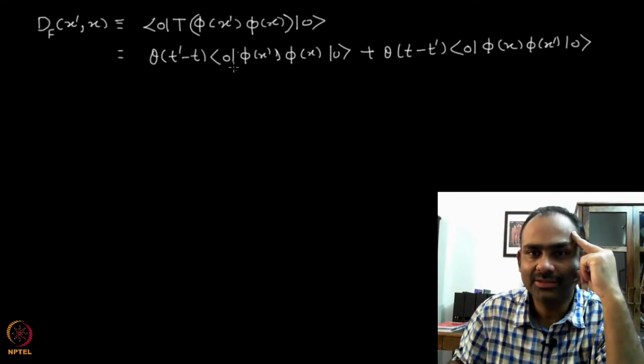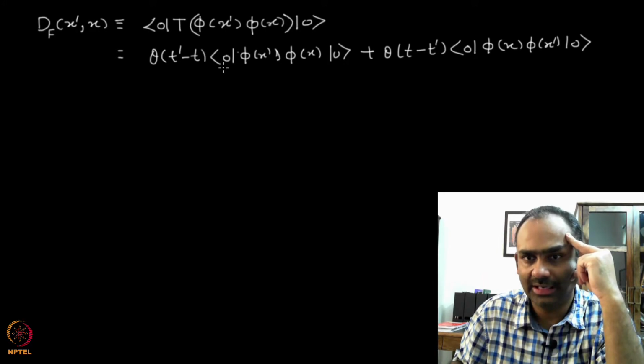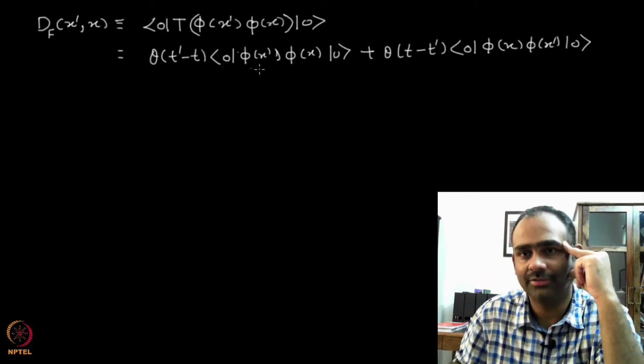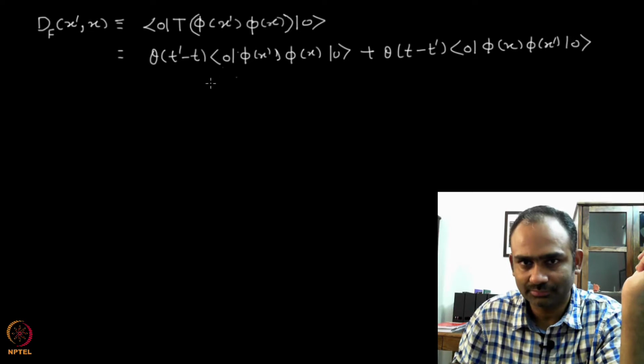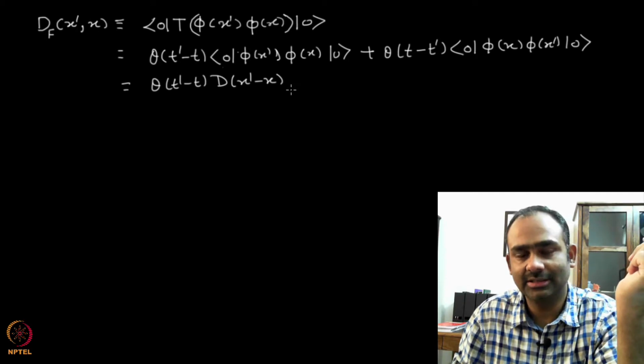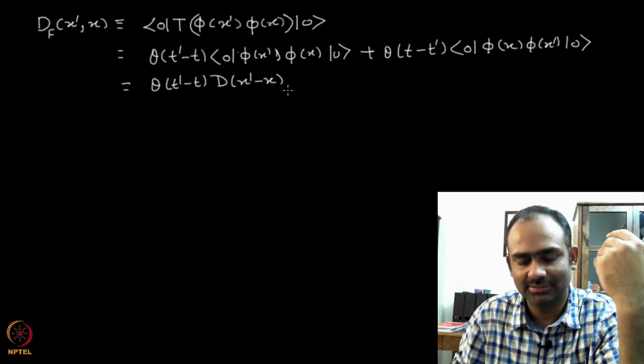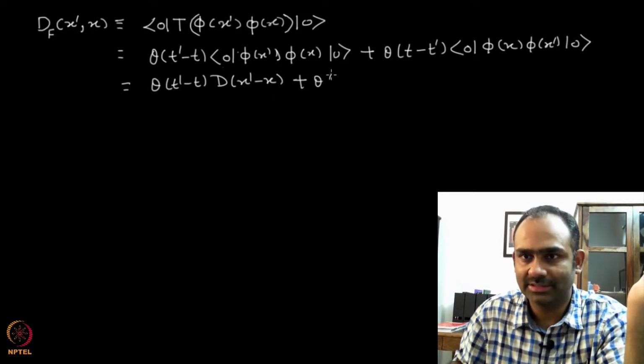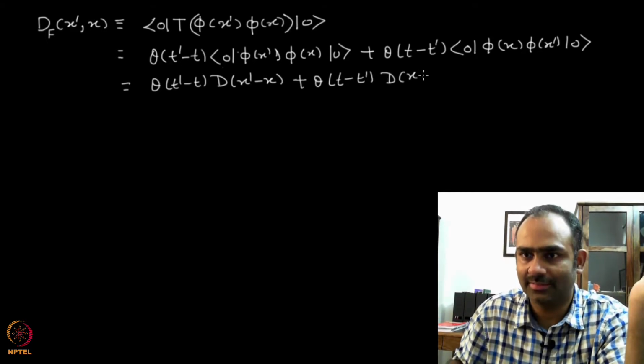Okay, and this quantity we called D(x' - x), and we found that it was invariant under translations, and that's why we had put D(x' - x) plus theta(t - t') D(x - x').